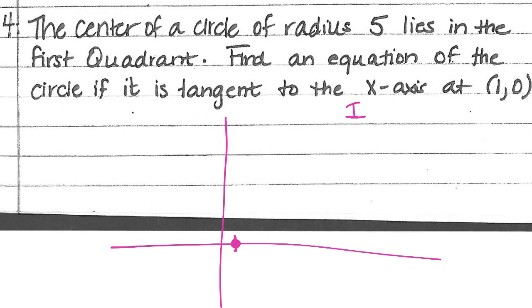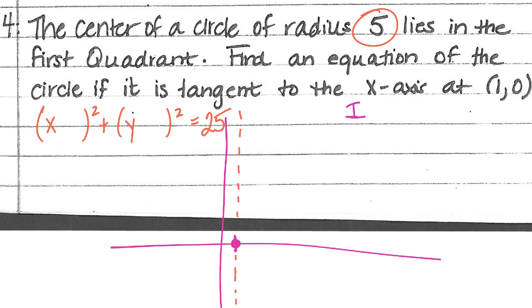I can also start by setting up my equation because I know that I'm going to have x squared and y squared, and they told me that my radius was 5, which means that 25, the radius squared, will be there. Now, because the center of the circle lies on the line x equals 1, and it must be 5 units from (1, 0), which I just graphed right there, we know that the center then has to be at (1, 5).